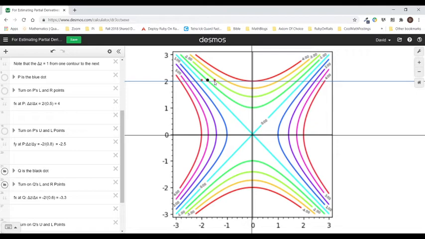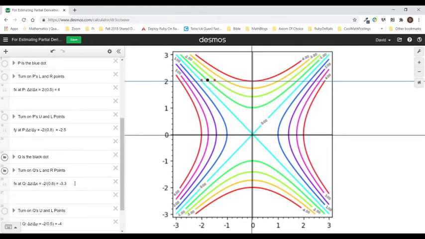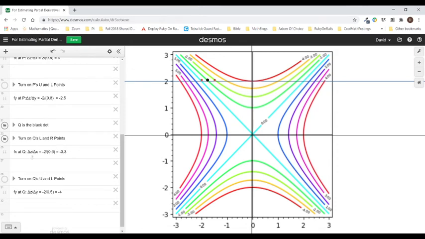The delta z should just be, I think, negative 2. If you go way down here, you can see that the horizontal distance from the left dot to the right dot is about 0.6. And you can see over here I'm calculating that the delta z over delta x is about negative 3.3. So it's pretty steep going down right there.